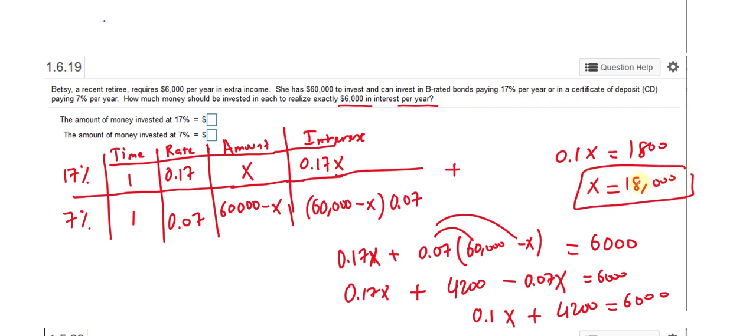So 18,000 is the amount of money she should put in the 17% account. Now she has 60,000, and she already put 18,000 here, so the rest should go in the other account. So 60,000 subtract 18,000, so 42,000 should be placed in the 7% account. So that's how you solve this type of problem.